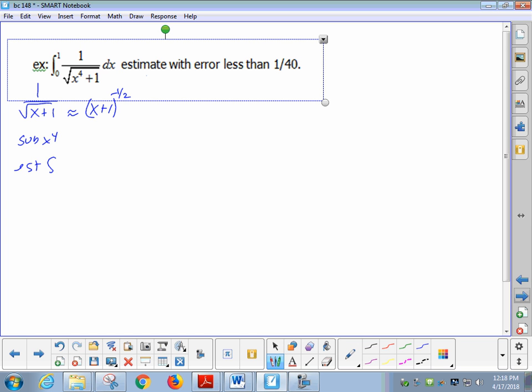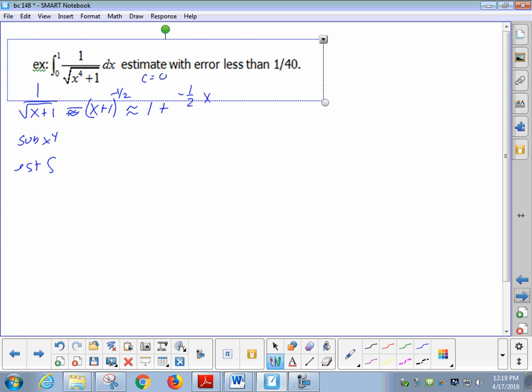So, if a center of 0 is used, what is f at 0? 1. What is f prime at 0? The first derivative at 0 would be negative 1/2, x plus 1 to the negative 3/2, at 0, which is negative 1/2.